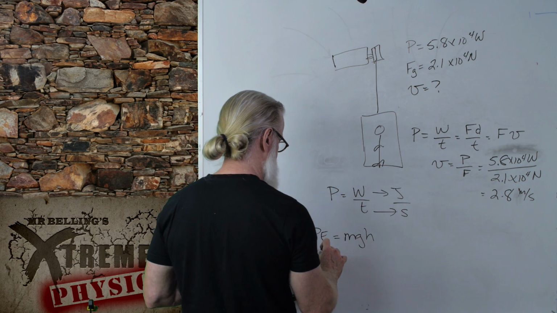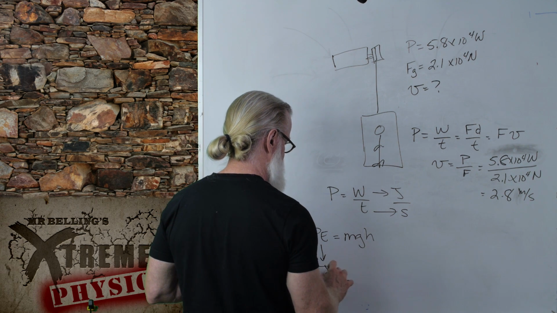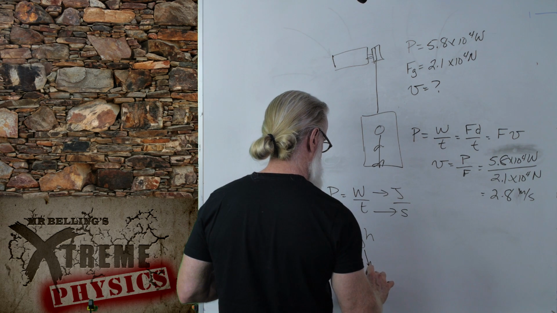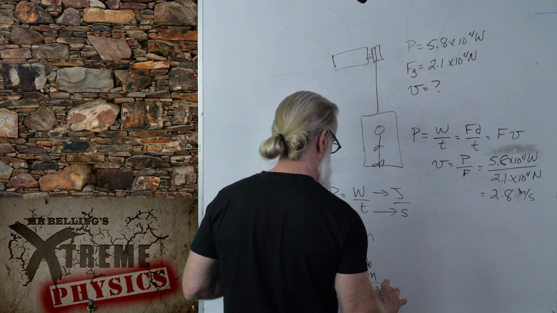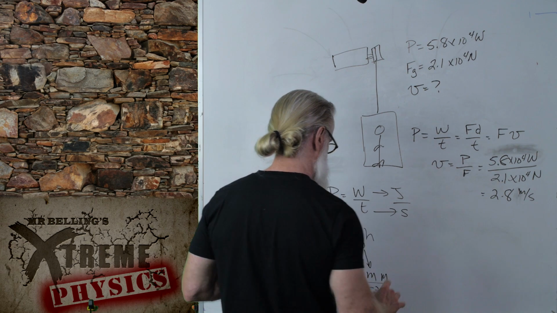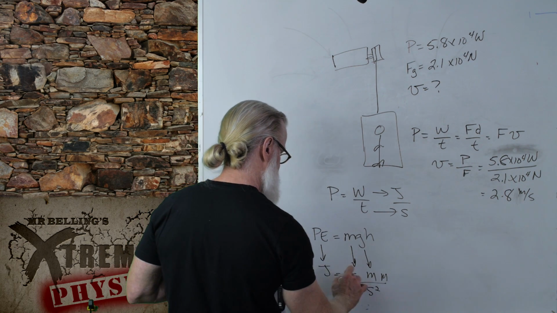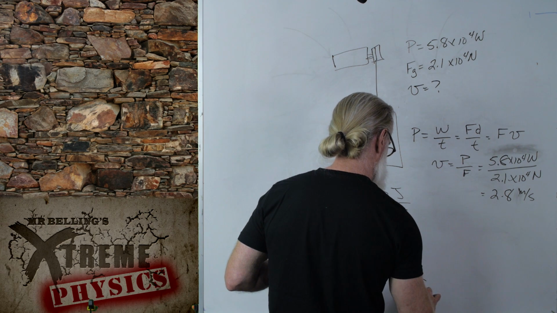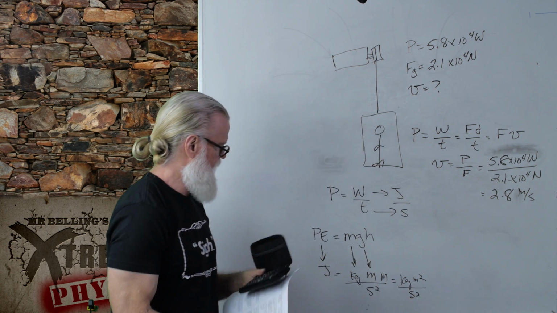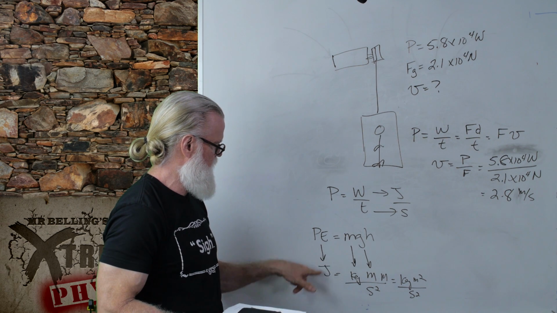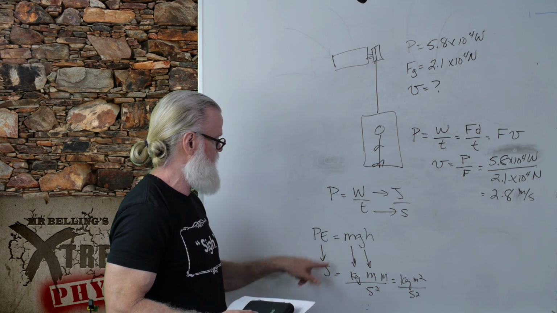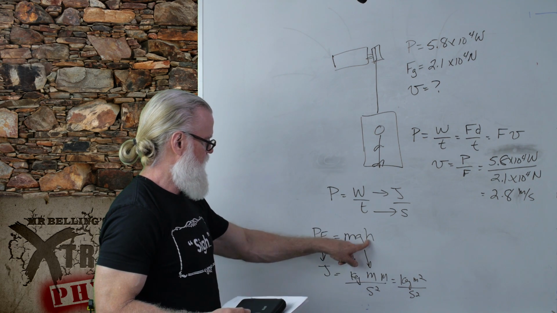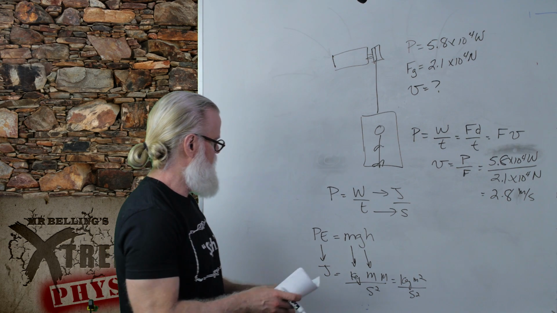Potential energy has units of joules. Mass has units of kilograms. G is meter per second squared, and H is in meters. So a joule must equal a kilogram meters squared per second squared. See what I did there? You just get the relationship. So there we go.